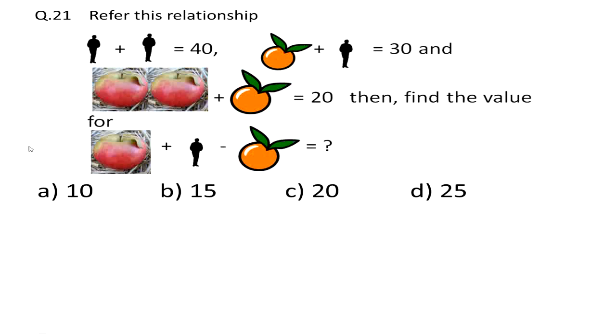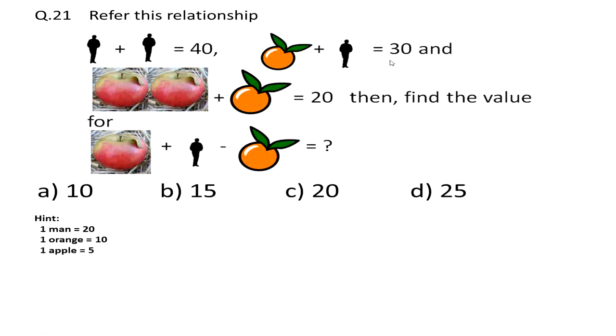Okay, so when we read the problem carefully, we can get some ideas or develop some logic. First logic: 1 man is equal to 20. Second logic: 1 orange is equal to 10, because 20 plus 10 is equal to 30.